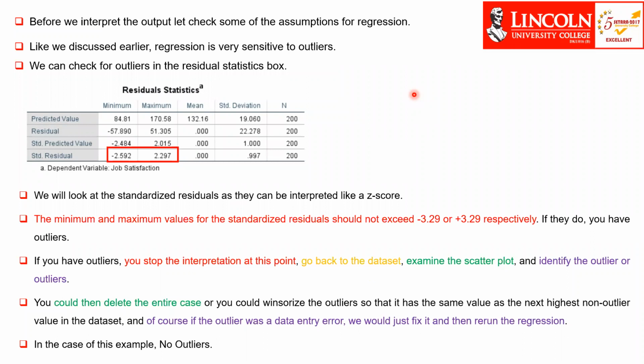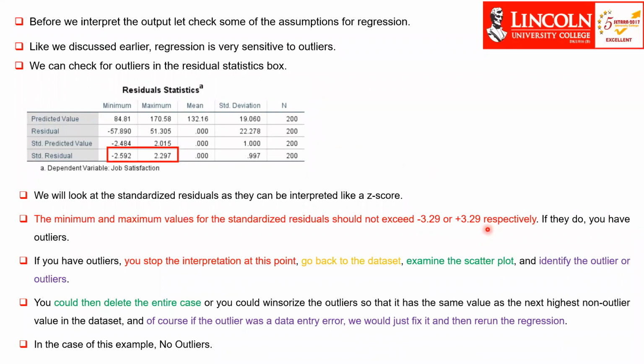We can check for outliers in the residual statistics box, which is here. We look at the standardized residual as they can be interpreted like a Z score. The minimum and maximum value for the standardized residual should not exceed negative 3.29 or positive 3.29 respectively. If they do, you have outliers.